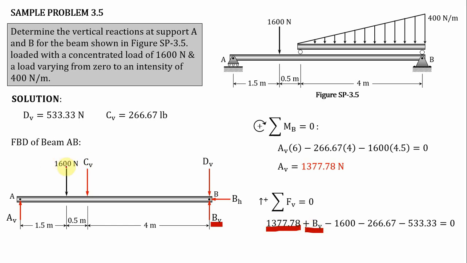And then yung 1,600 Newton is going downward, so minus 1,600 Newton, minus CV. CV natin is 266.67, so minus 266.67 Newton. And then, minus DV. DV natin is going downward, so minus 533.333 Newton. And that is our summation of vertical forces.